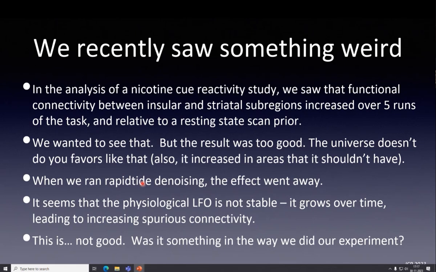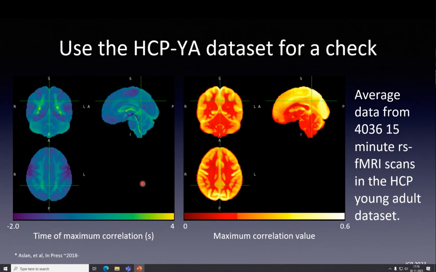It seems that the physiological LFO signal is not stable. It grows in time as you're lying there in the magnet. So we thought, well, okay, maybe we just screwed up. It's happened before. Let's look at something where people did better data collection. So we used the HCP young adult data set because we use that for everything.